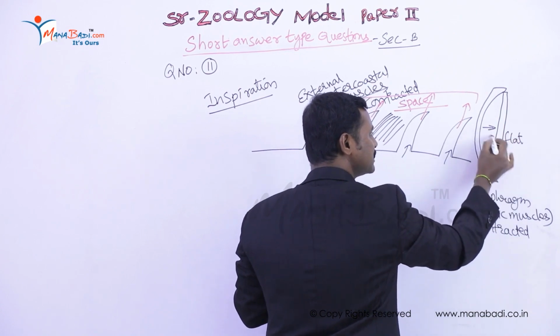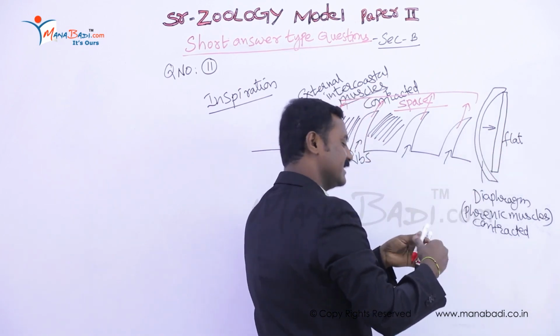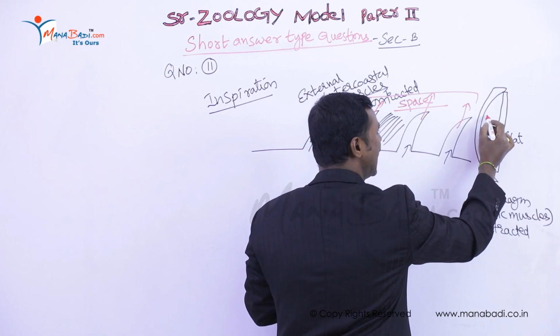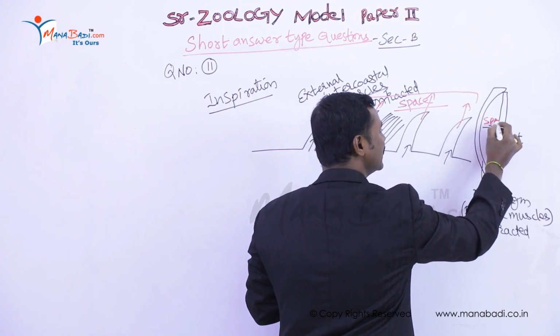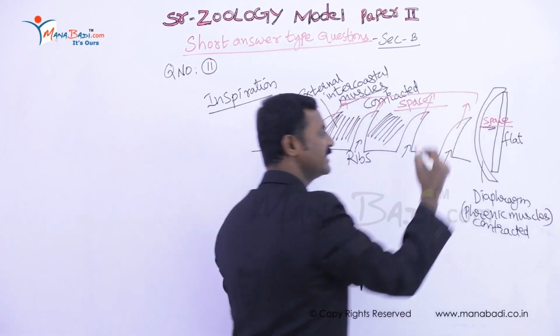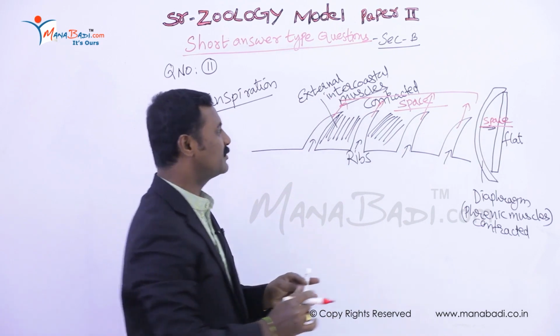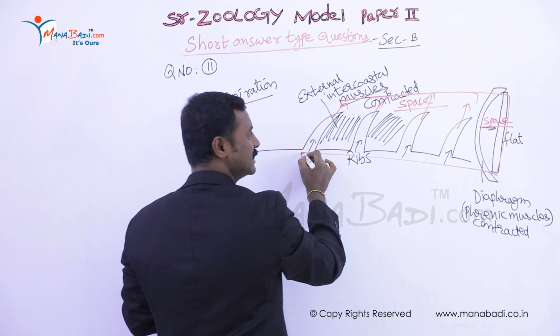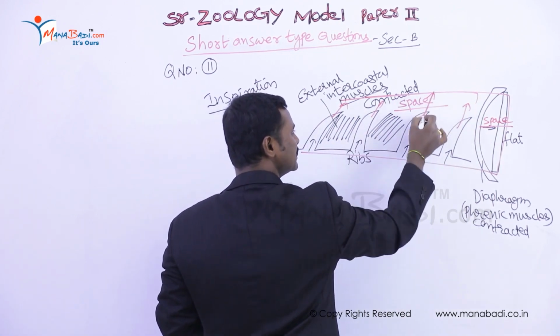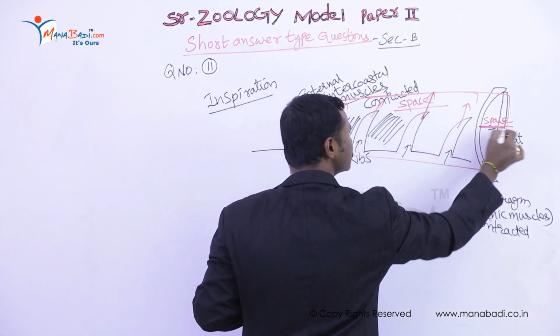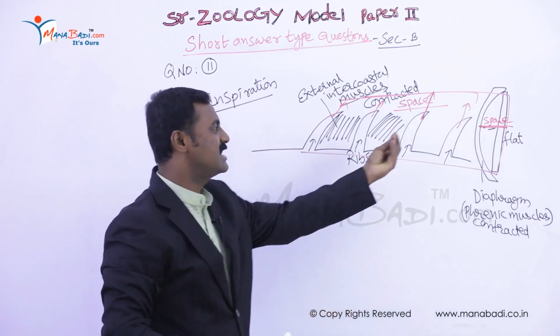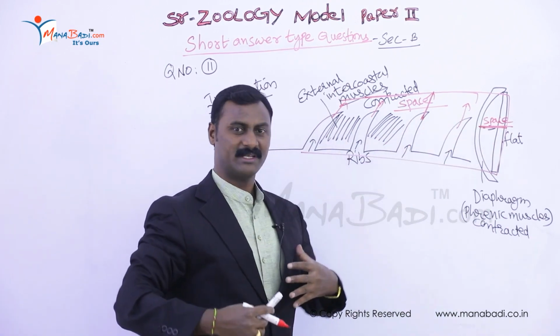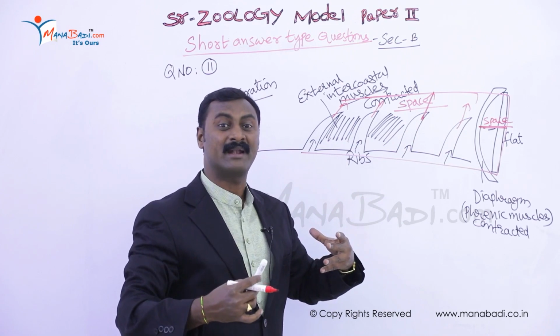So automatically space is provided anterior-posteriorly. Here the space is increased dorsoventrally and here anterior-posteriorly, so automatically the thoracic cavity expands.